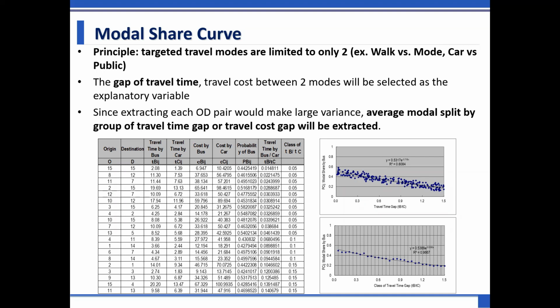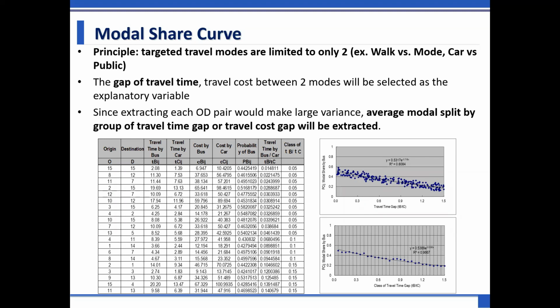As shown in this table, which is a little bit small, the first column is the origin and destination, and the zone numbers are filled in this table. Travel time by bus and travel time by car, travel cost by bus and travel cost by car are displayed.